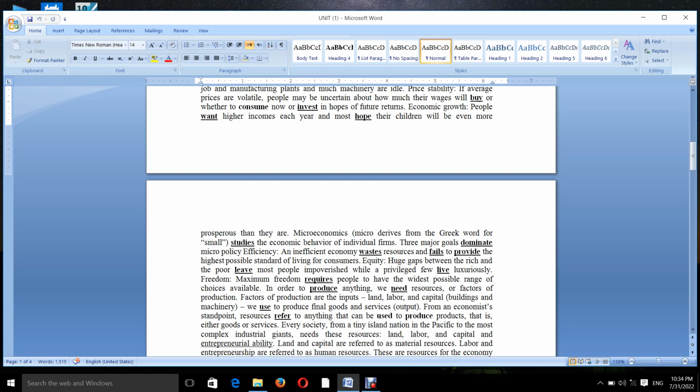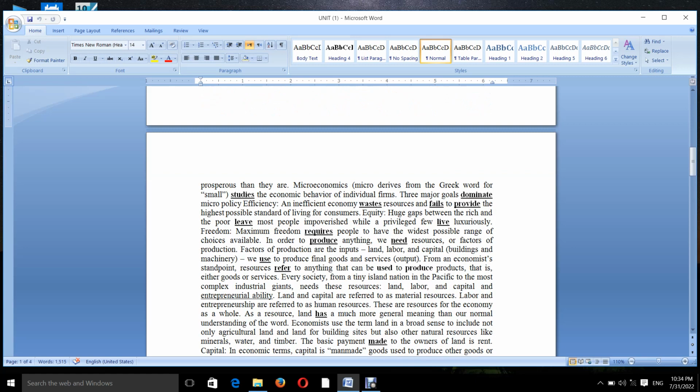From an economist's standpoint, resources refer to anything that can be used to produce products, that is either goods or services. Every society, from the tiny island nations in the Pacific to the most complex industrial giants, needs these resources: land, labor, and capital, and entrepreneurial ability.